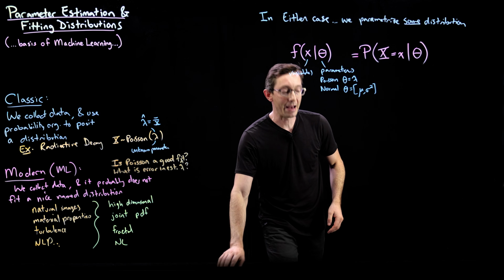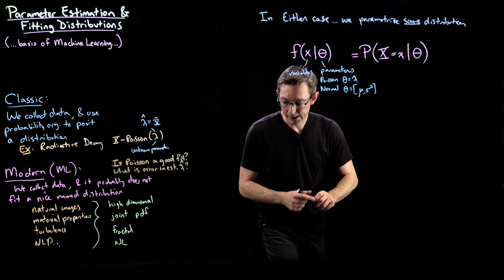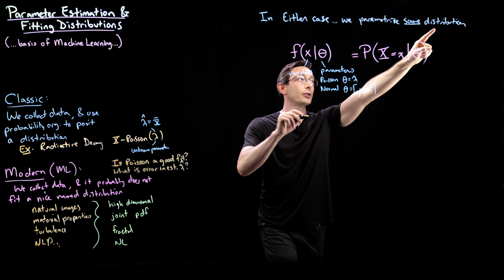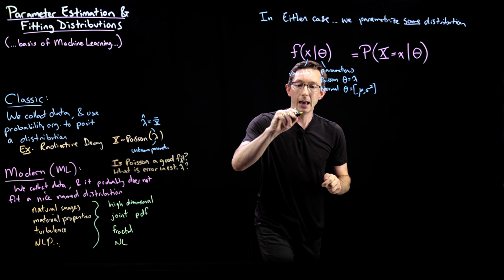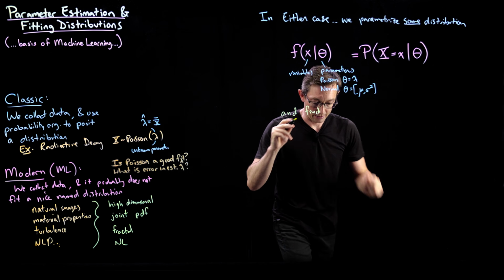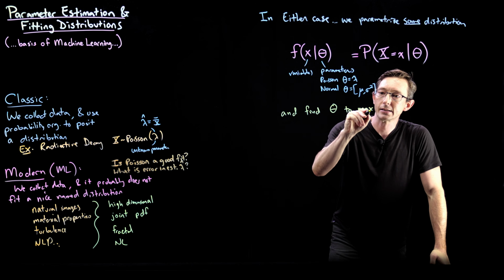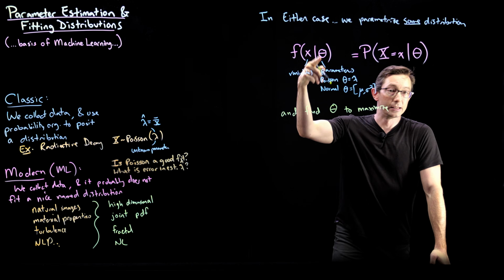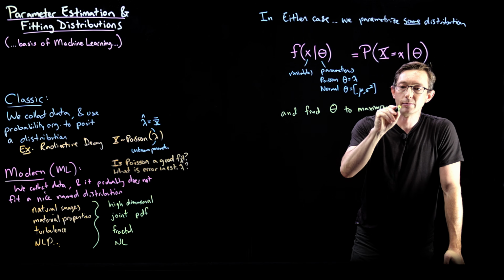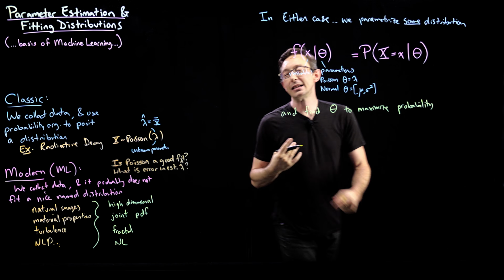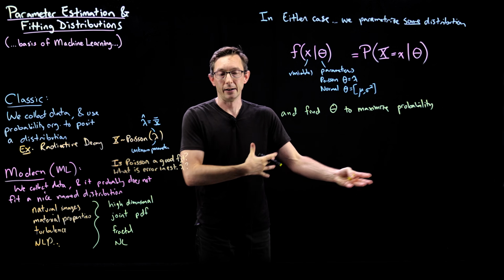So the mathematical statement then is that we want to parameterize some distribution and find theta to maximize this probability, and in some sense, to be most consistent with the observed data, okay?